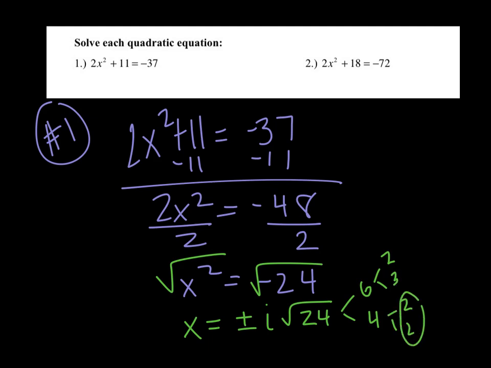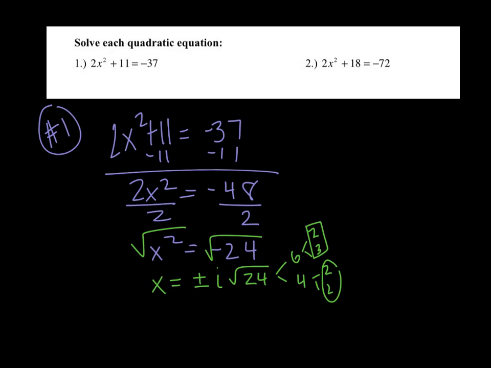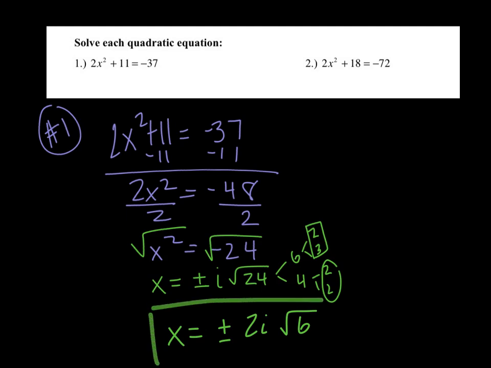So you have a pair, 2 that are left. So your answer would be x equals positive or negative, and that 2 comes out with your i. 3 times 2 stays under the radical. And that's your answer.